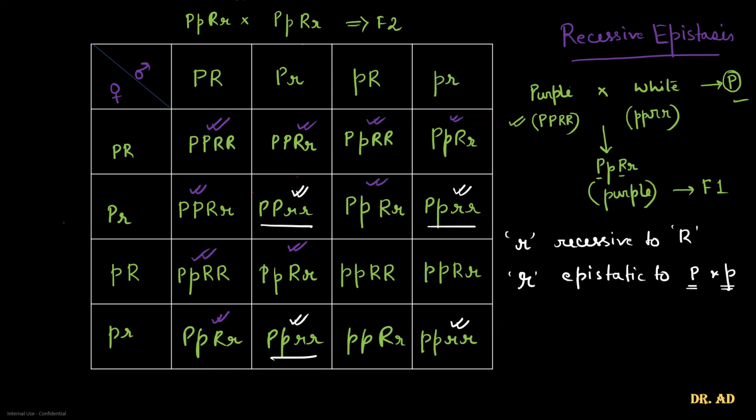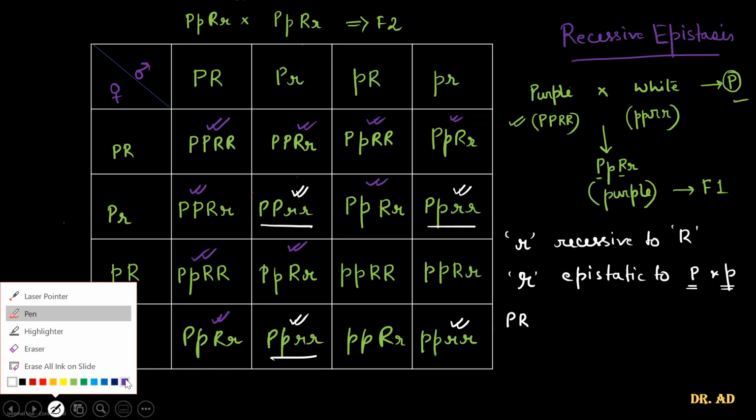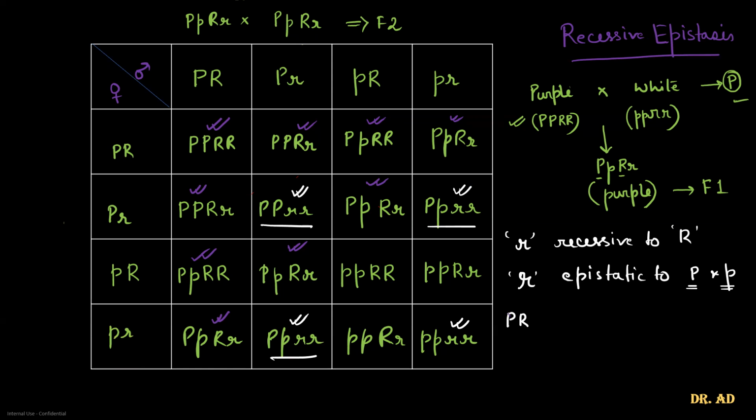and small p, right? In F2, all plants with capital P, capital R, if I use purple color here, you will understand better. Capital P, capital R, this complement will yield purple grains. Okay.